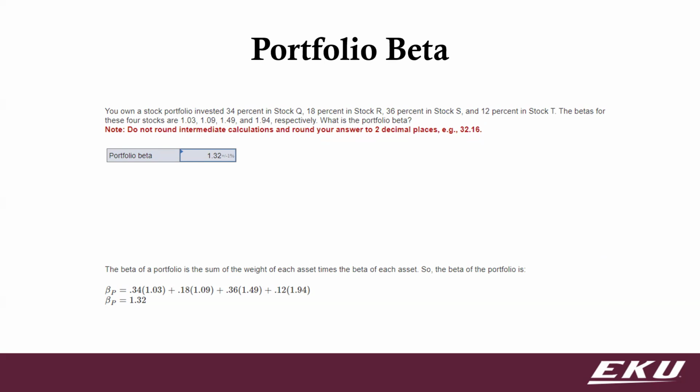So if 34% is in stock Q, then 34% of our beta is Q's beta. And 18% is in R, so 18% of the portfolio's beta is equal to R's beta, right? Again, those percentages should add up to 100%, right? And you just multiply those weights times those betas, and that will give you the beta of the portfolio as a whole. In this case, you see it's 1.32.